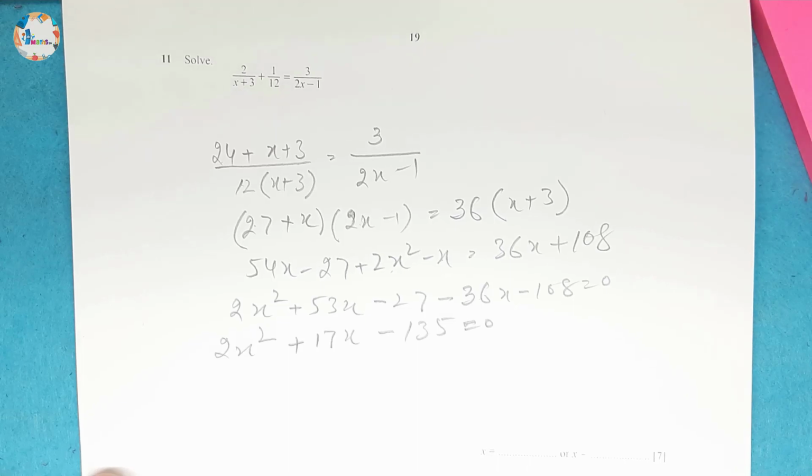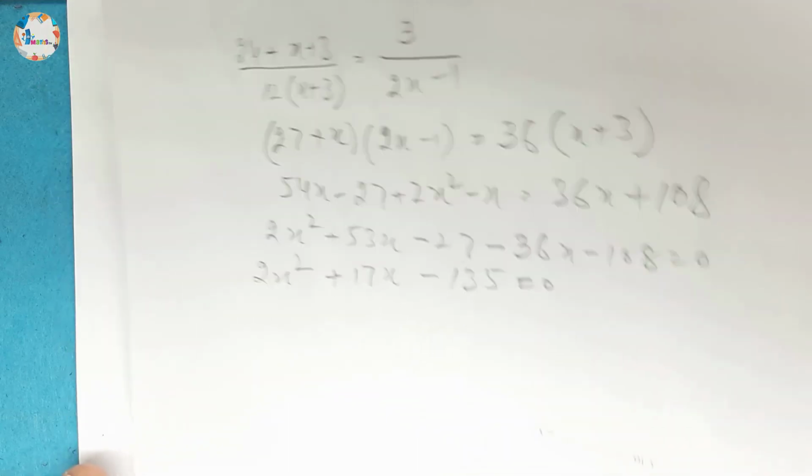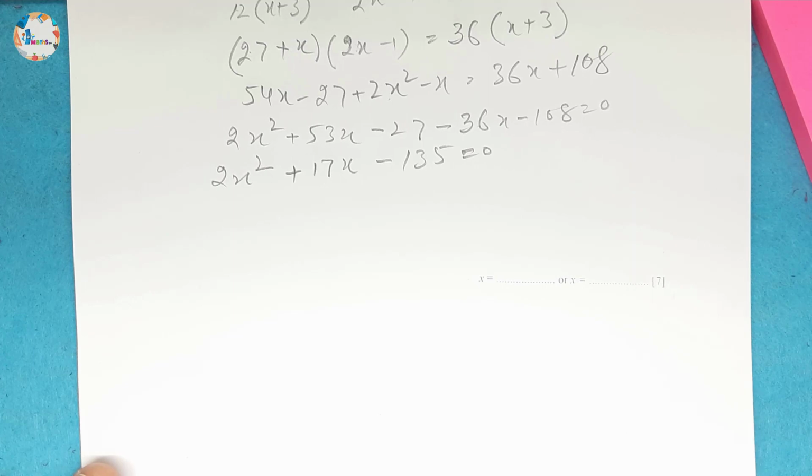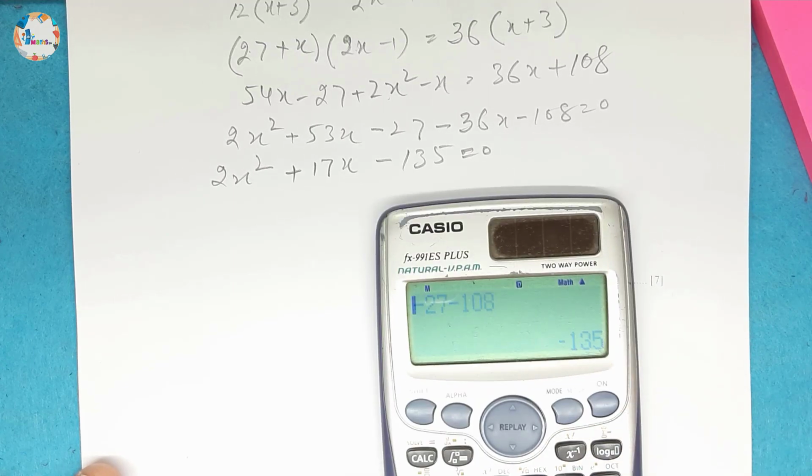This is basically a quadratic equation which we will be solving. To solve this quadratic equation, we can use mode 5(3), and coefficient of x squared is 2, coefficient of x is 17, and minus 135.